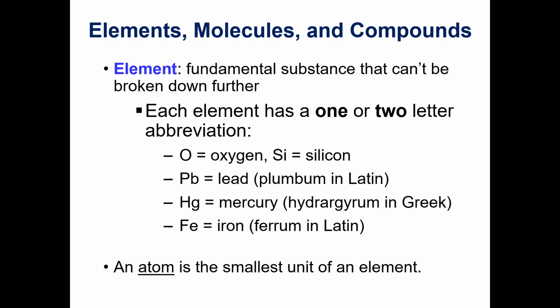A few others that you will notice: Hg is mercury, Fe is iron, a couple more that we use quite frequently, Na is sodium, K is potassium, and you will get introduced to quite a few others as we move on throughout the semester. The smallest unit of an element is known as an atom, so we will talk a lot about atoms as we move through the semester.